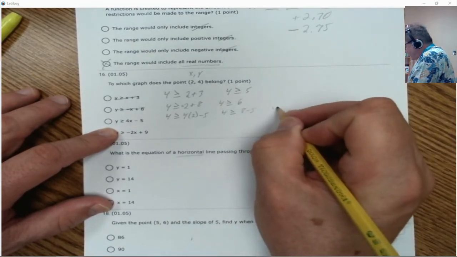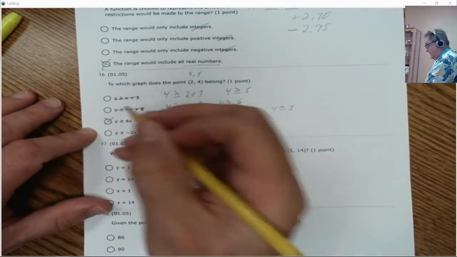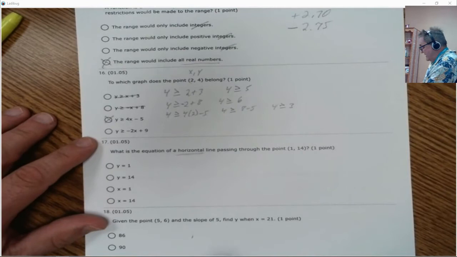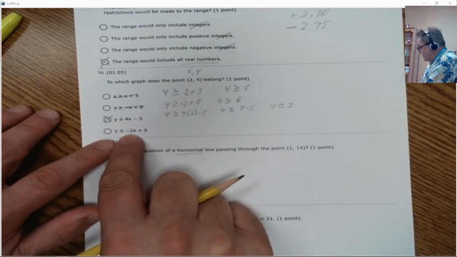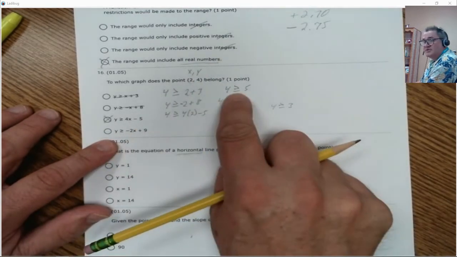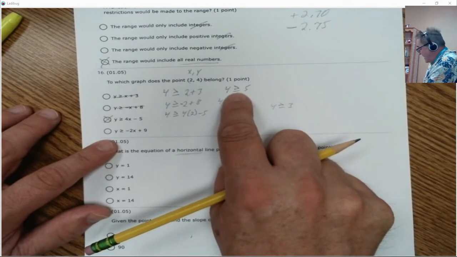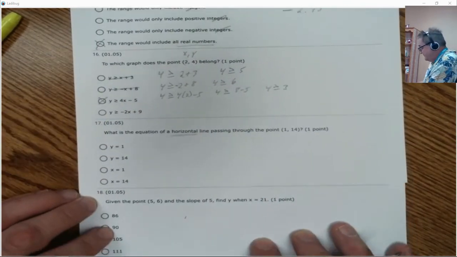So it's 4 greater than or equal to 3. Yes, 4 is greater than or equal to 3. We don't even have to check the last one. We can. 4 is greater than or equal to -2 times 2 is -4. -4 plus 9 is 5. So that's back to this statement. 4 is not greater than 5. So just substitute that in there.